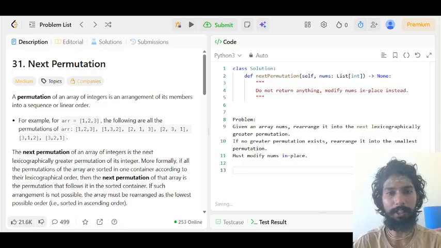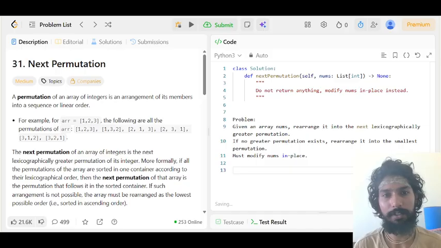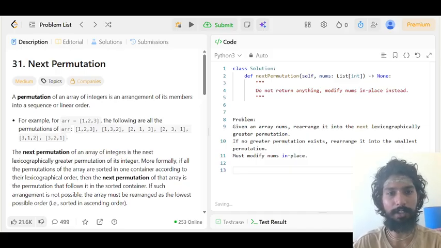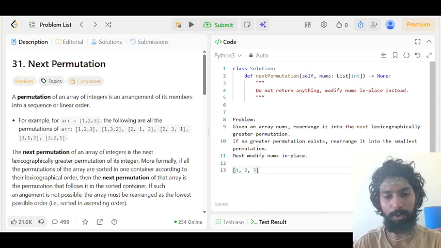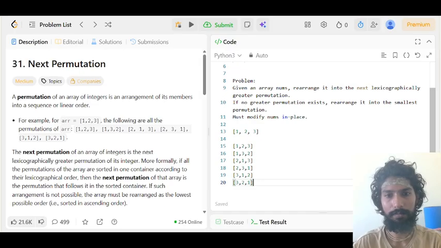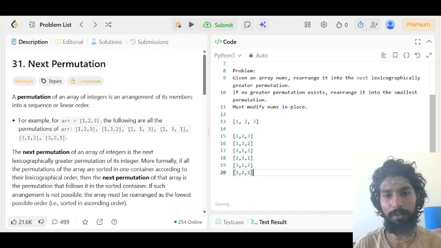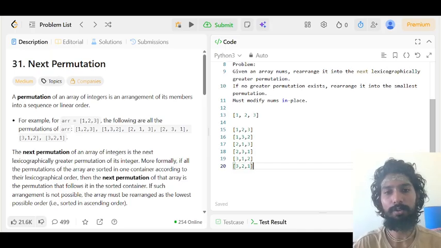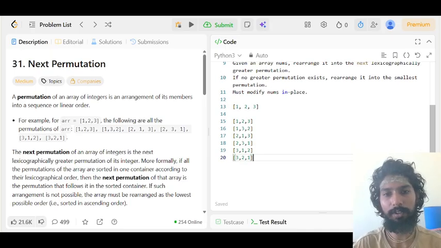Okay, so let us understand what next permutation means. For example, if we have an array 1, 2, 3, then all the permutations in sorted order are 1, 2, 3; 1, 3, 2; 2, 1, 3; 2, 3, 1; 3, 1, 2; and 3, 2, 1.